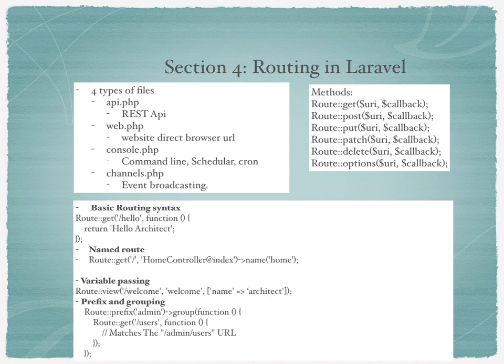So whenever I use home anywhere, it will directly point to this route. What's the benefit of using the name? When we use the name, we can change the route in one place. If in future we want to change the slash to home or dashboard or my dashboard, something like that, then only one change is required in the named route.